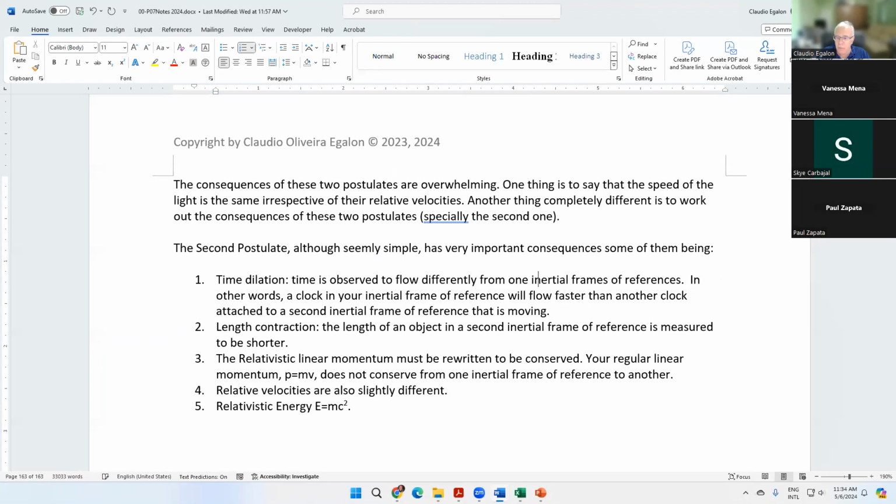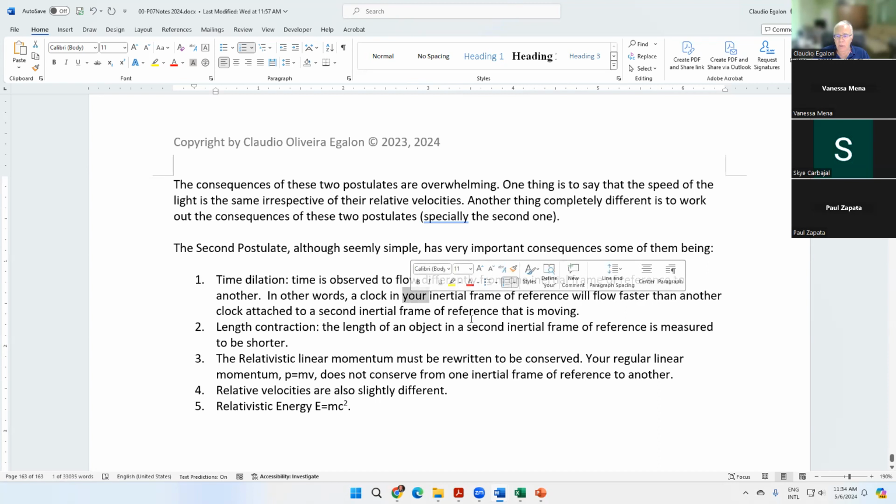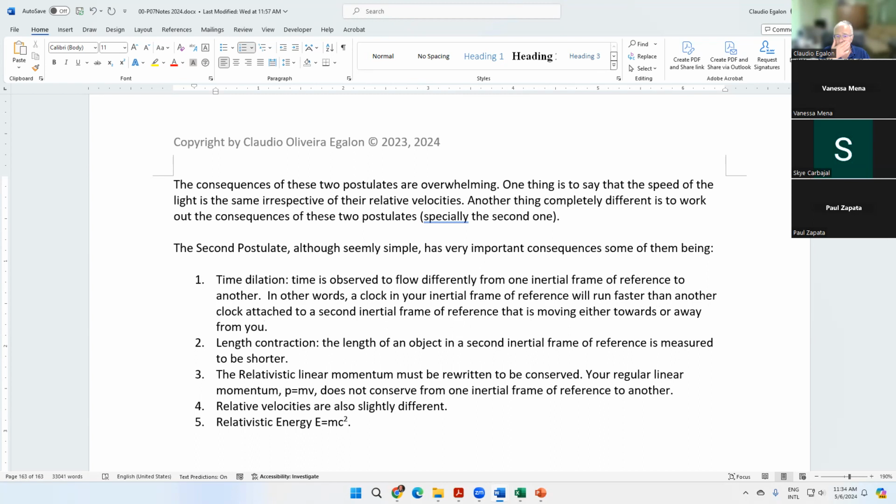In other words, a clock in your inertial frame of reference will run faster than another clock. It's not just the physical clock, but it's also the biological clock, compared to another clock attached to an inertial frame of reference that's moving either towards or away from you, right?